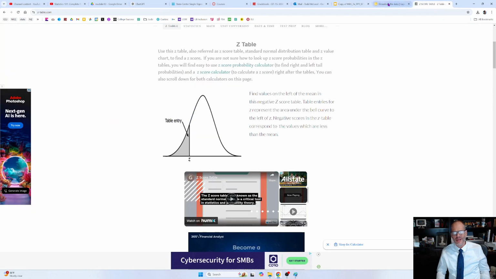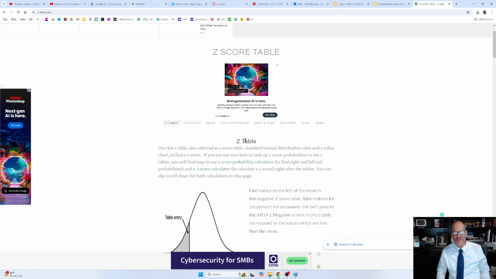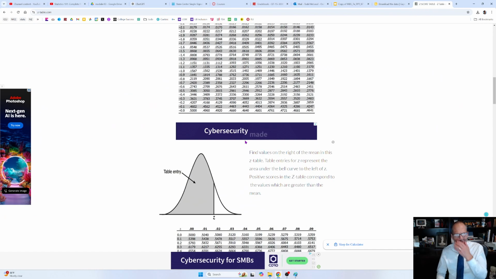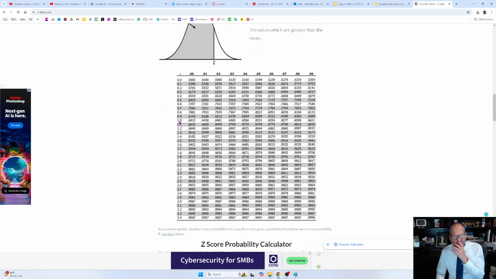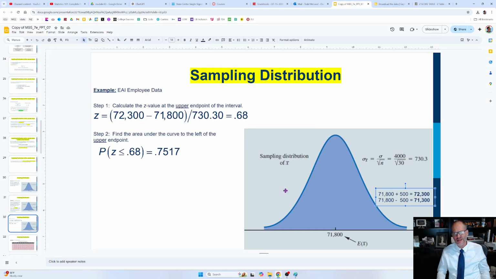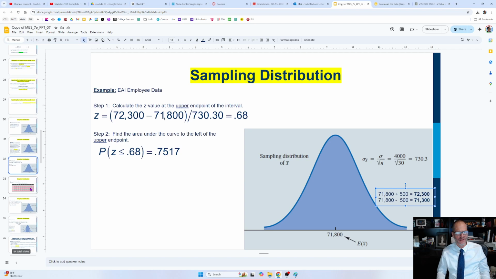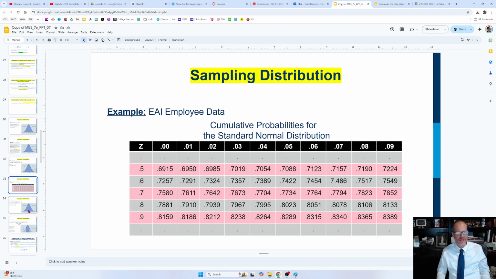We look at our z-table, and 0.68 is right here: 0.7517. So 75.17% of our data is from this point, 72,300, to the left.